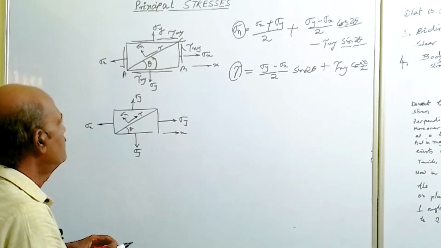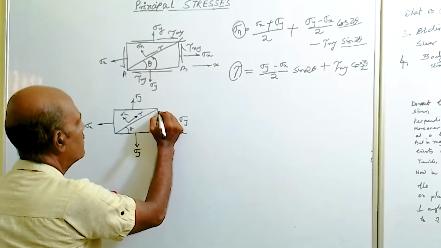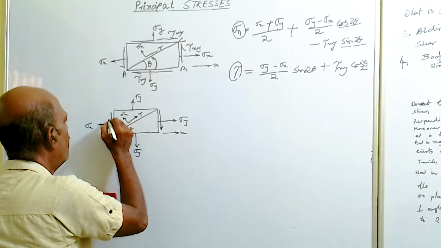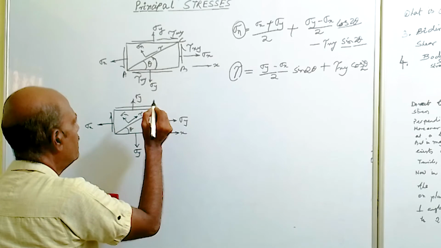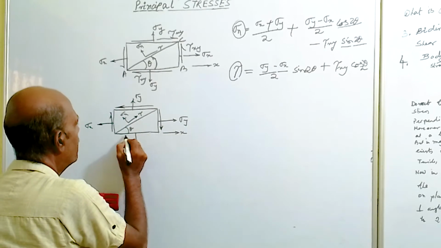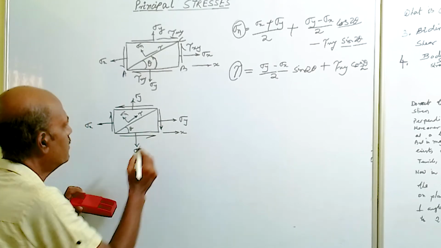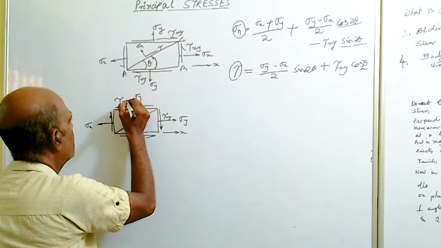Now we will see another case. Say we are considering the same case. The shear stress is acting in clockwise sense on x plane, and on y plane it is anti-clockwise. This is tau xy, tau xy.